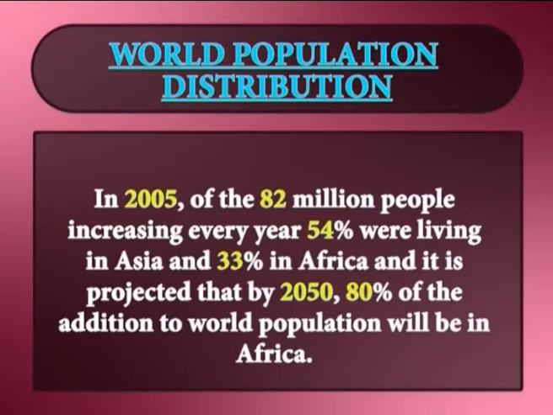In 2005, of the 82 million people added every year, 54% were living in Asia and 33% in Africa, and it is projected that by 2050, 80% of the addition to world population will be in Africa.